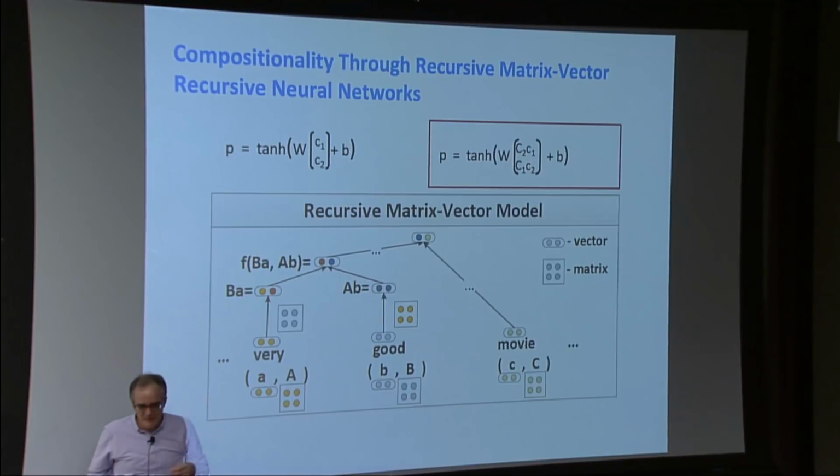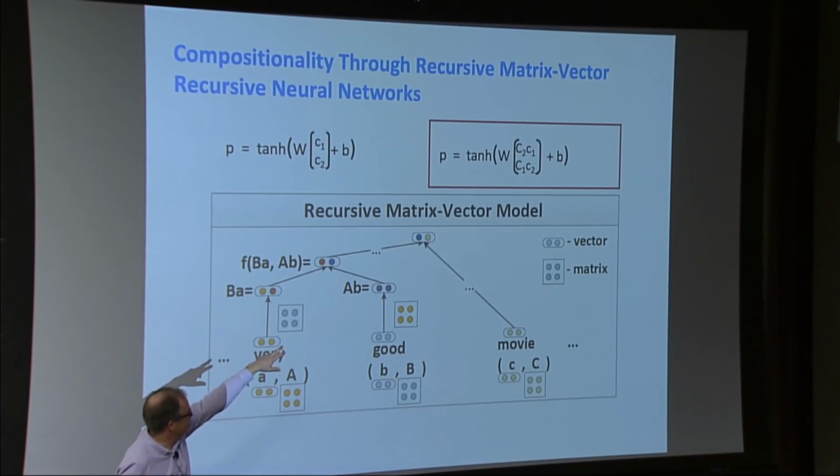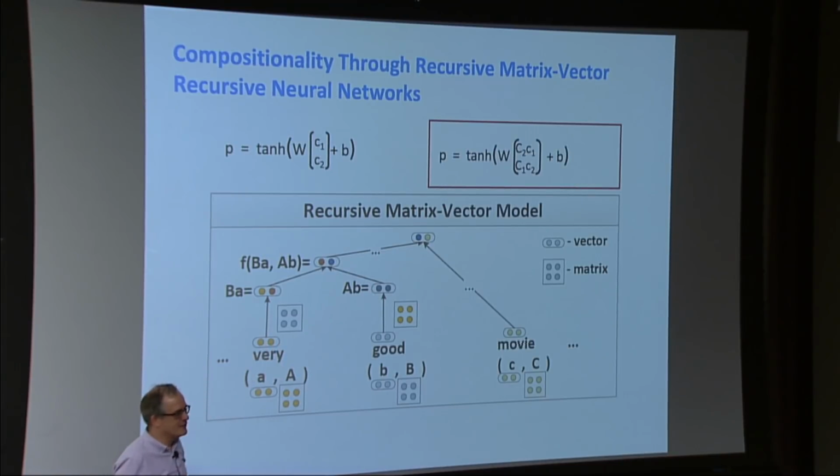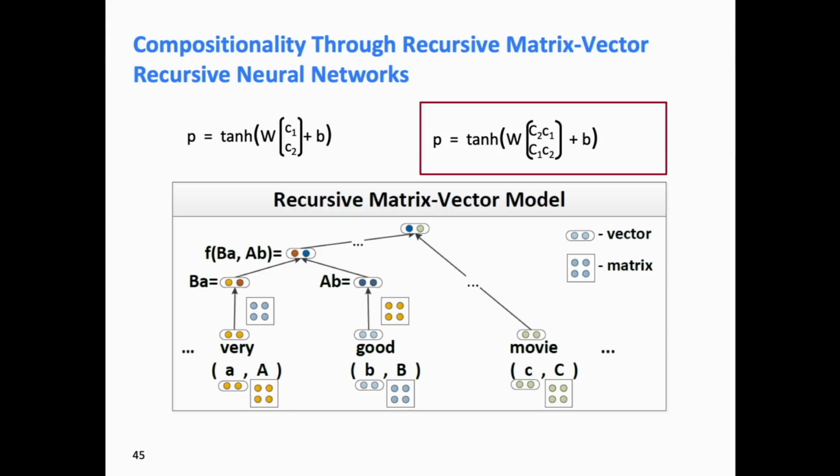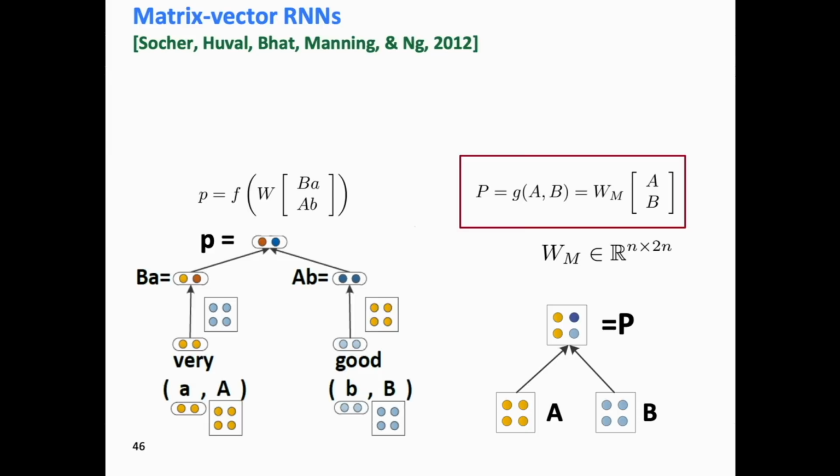And then we're going to have a neural network layer like before that combines those together. That's in the red box. Those two things were concatenated and put through the kind of neural network layer we had before to give us a final vector meaning for the phrase. And then we also needed a matrix meaning for the phrase.